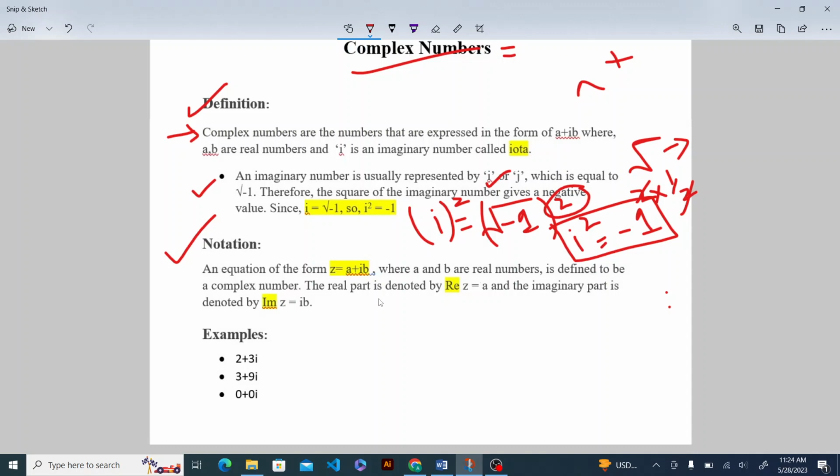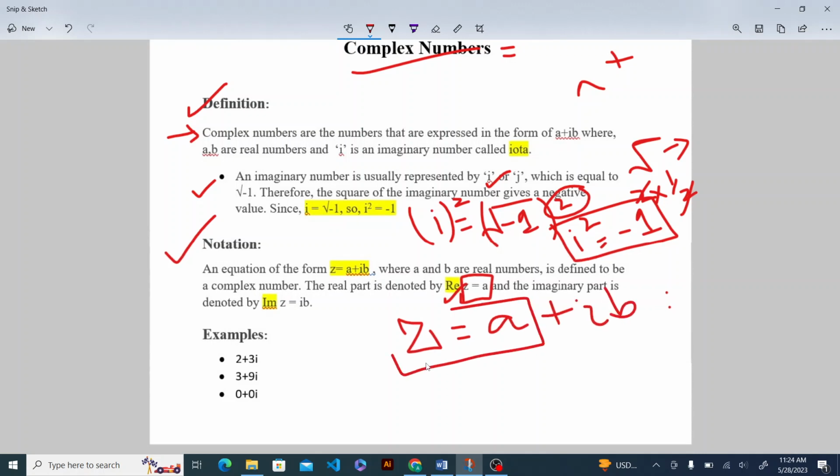The real part is denoted by Re z, which is equal to a. In this whole equation, z is equal to a plus iota b, Re z is equal to a. This is the real part.